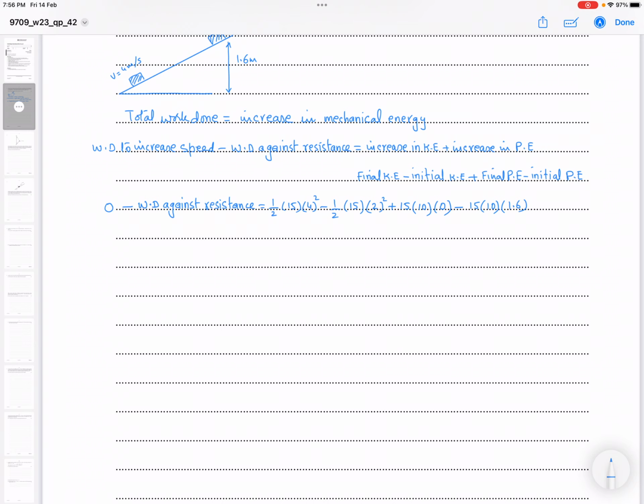So minus work done against resistance equals, if you solve all of this, the kinetic energy portion, you will get 90 plus, and when you solve the potential energy side, you get minus 240.